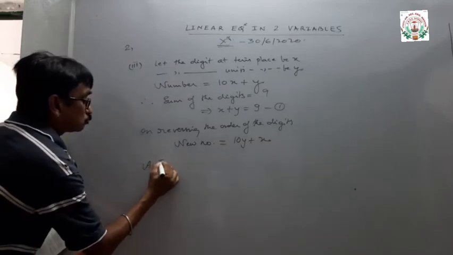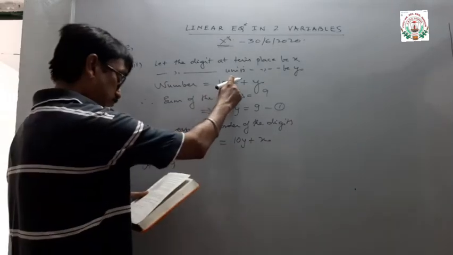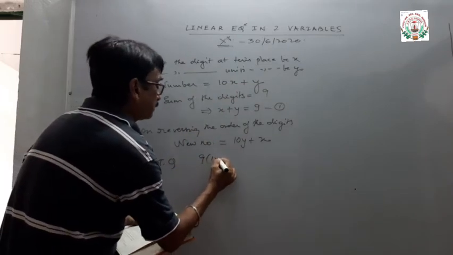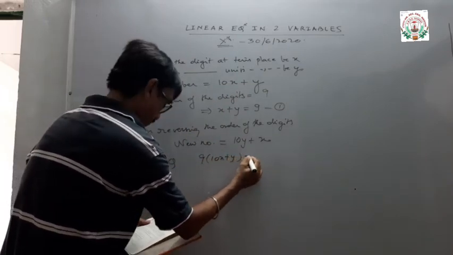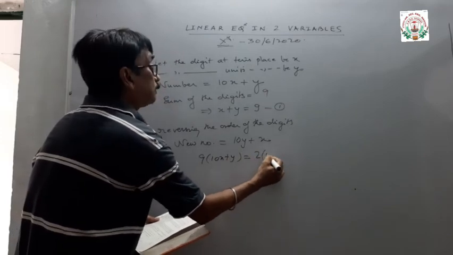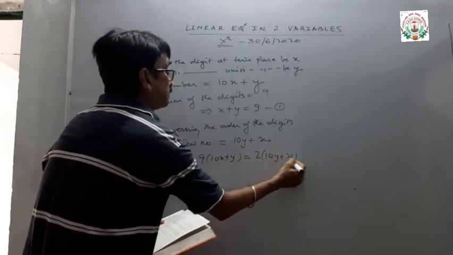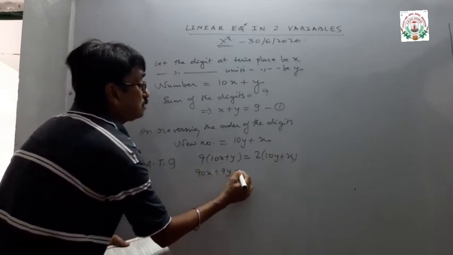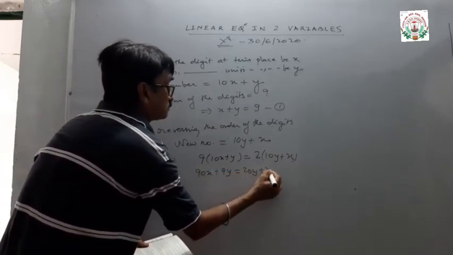Now according to the question, 9 times this number, 9 into 10x plus y, equals twice the number obtained by reversing the digits, 2 into 10y plus x. So it becomes 90x plus 9y equals 20y plus 2x.